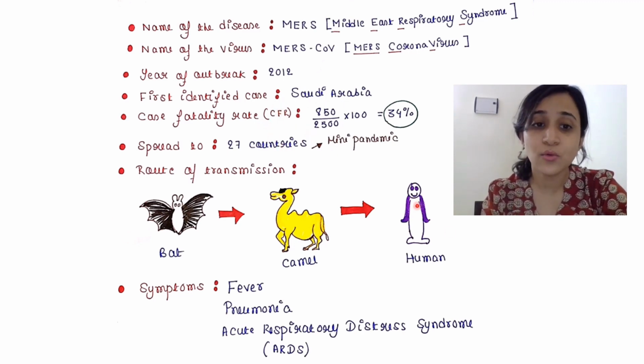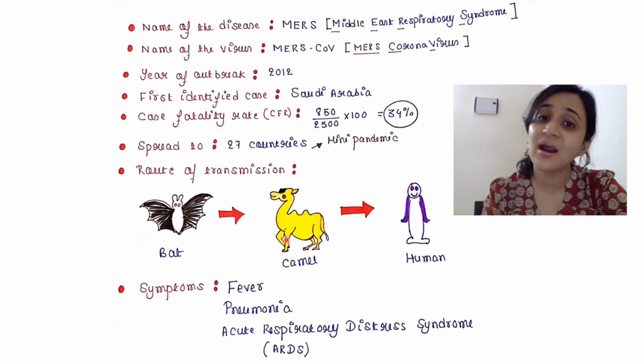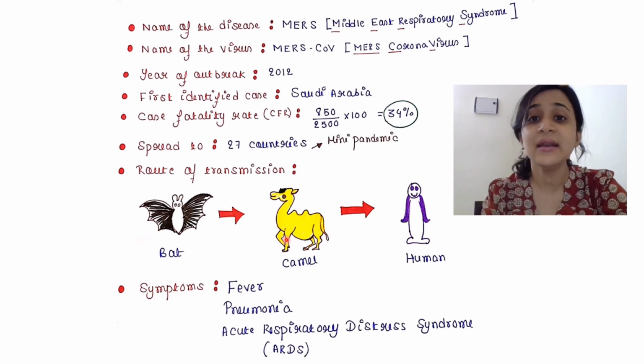If you consider the route of transmission, bat is the primary host again. So the virus first attacked bat where it was mutated and it was transmitted to an intermediate host that is camel. So in case of SARS-CoV-1, the intermediate host was civet. In case of MERS, it is camel.